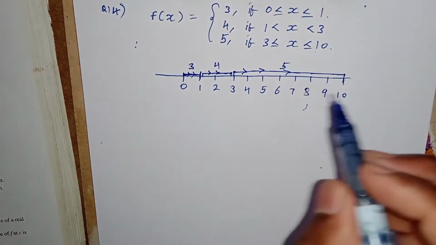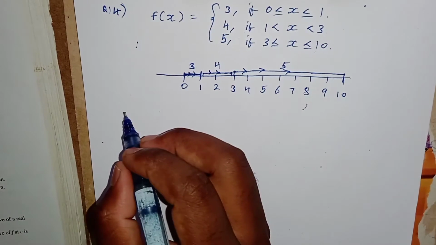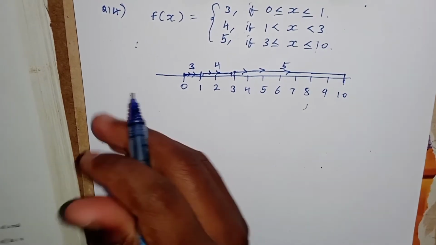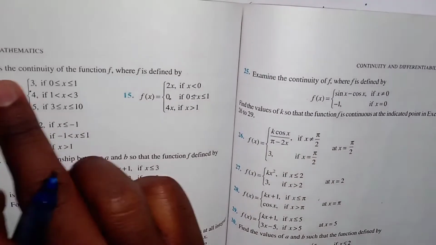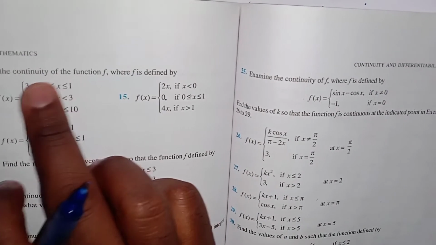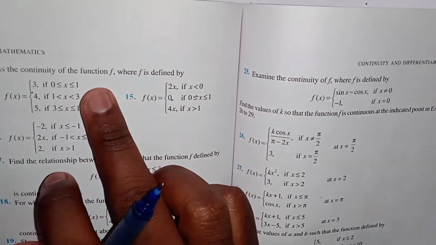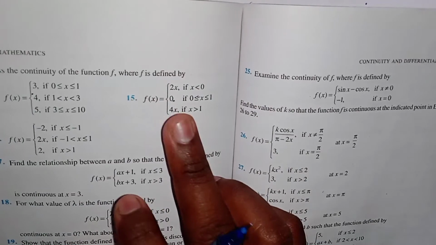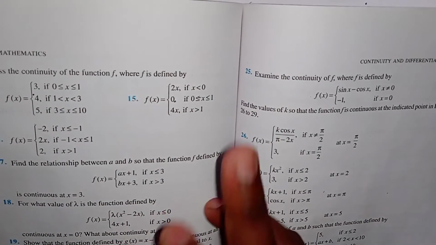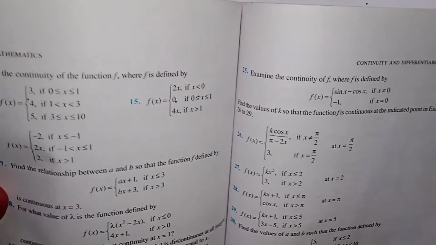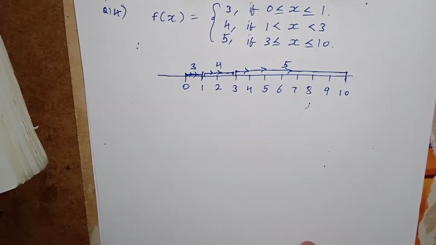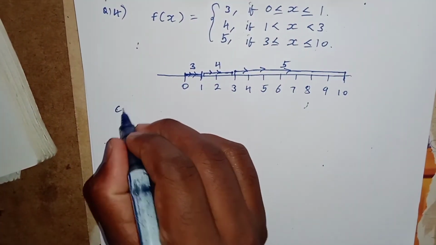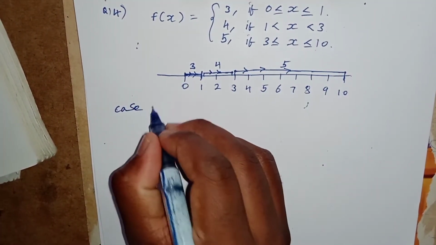Now, first you have to take the cases, because here we discuss the continuity. You have to discuss every point: where the point is continuous and where it is discontinuous. You have to check every term. Therefore you have to take it as cases.